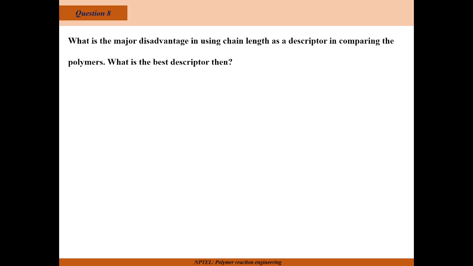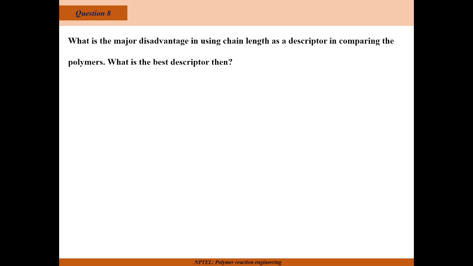But practically using chain length is not that advisable for a particular reason. If that is the case, then what is the best descriptor we can use to describe a polymer, not just naming but to compare or describe it in a general manner?